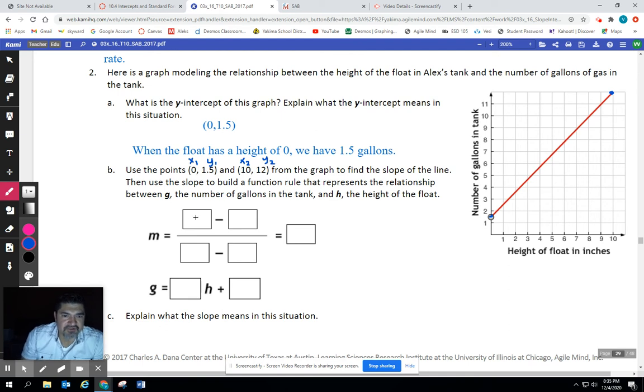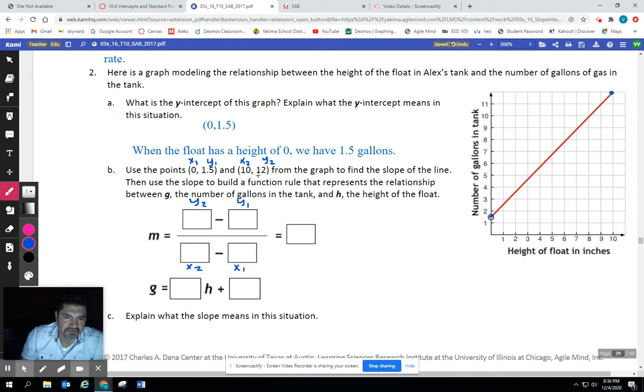Okay, so Y2 goes in the first box here. This is going to be Y2 minus Y1. I'm going to go ahead and write that up here: Y2 minus Y1 over X2 minus X1.